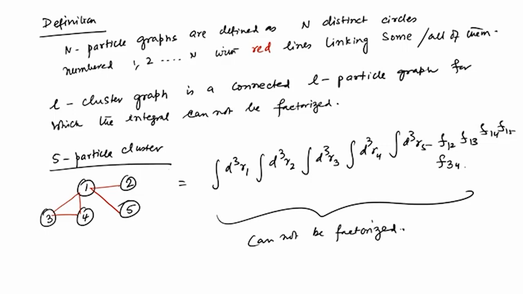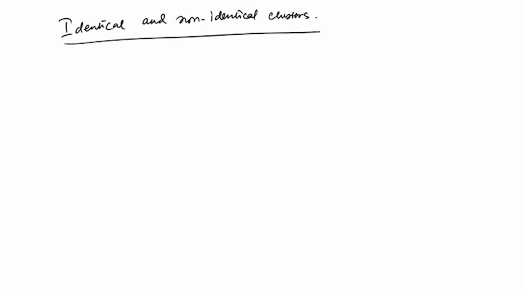We just introduce one more for today and then continue with the next class. So, let us talk about identical and non-identical clusters. What are identical clusters? There is 1, 2 and 3.